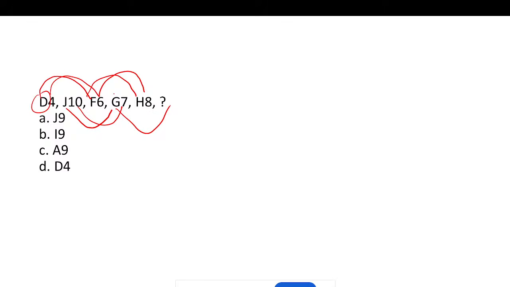Okay, g value is what? 7. 7 minus 3, 4. 4 is nothing but what? D. What is the answer? D4.